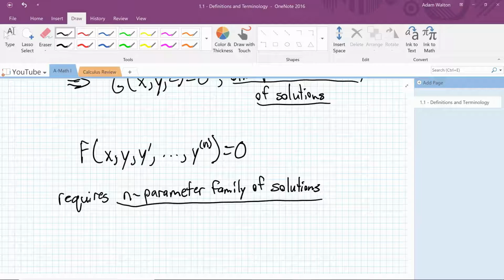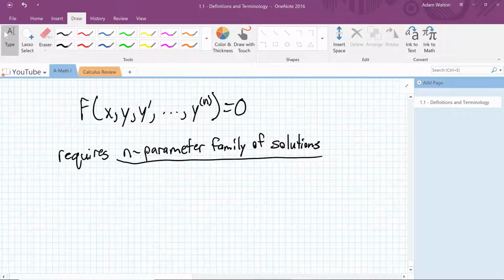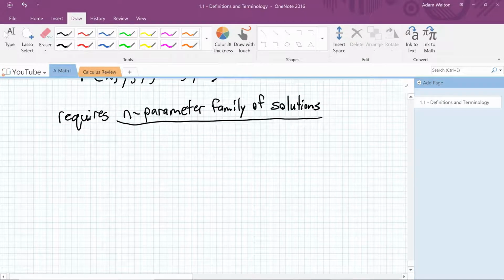If you have a second order differential equation, then that would require a 2-parameter family of solutions.